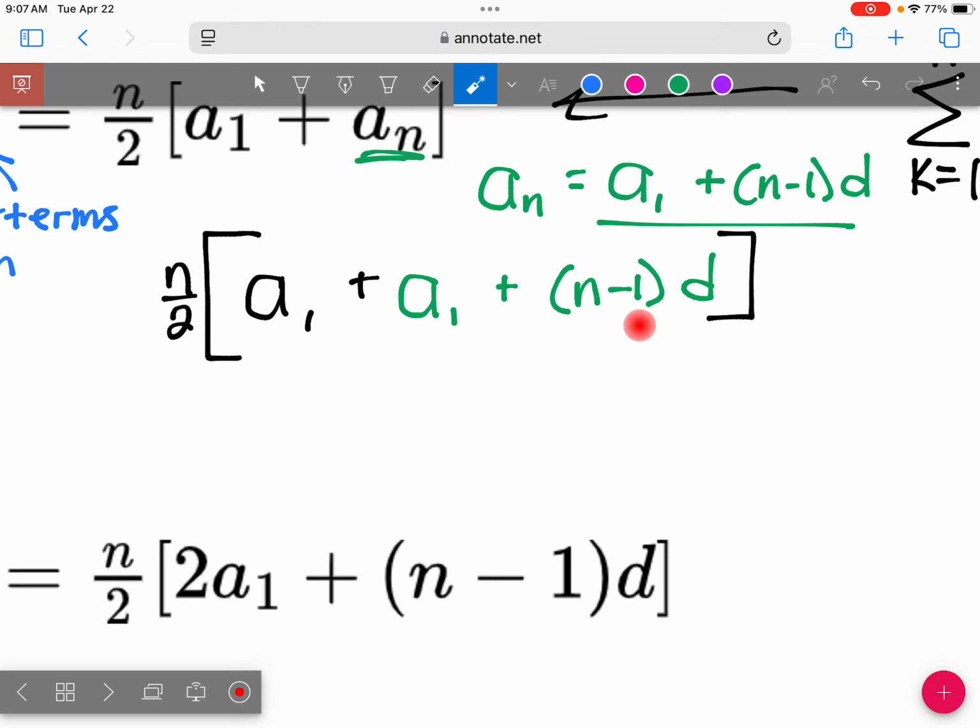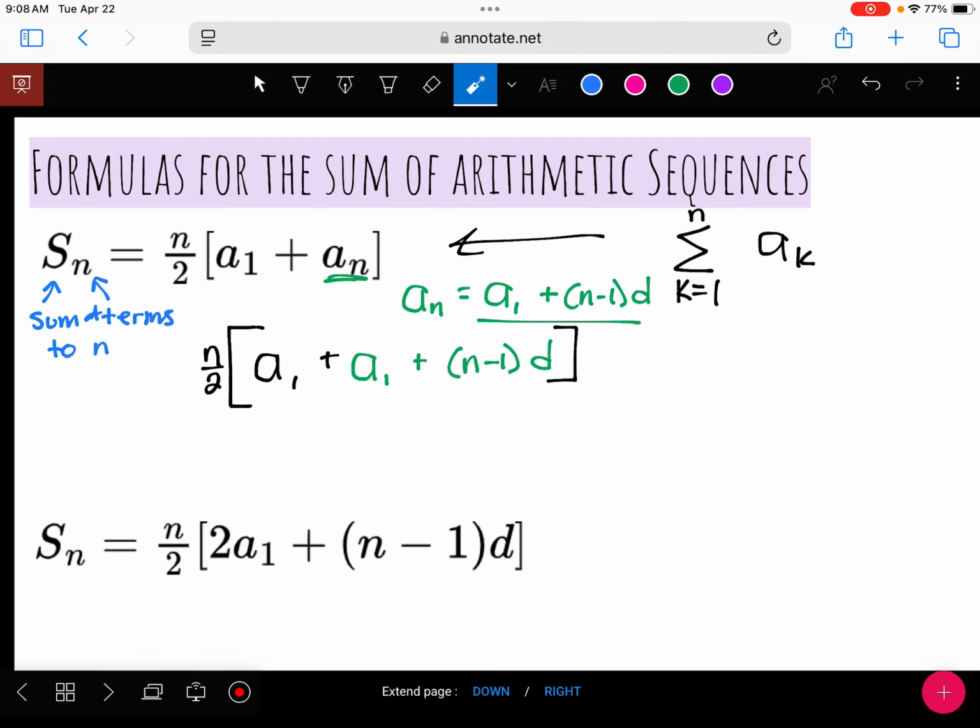So it is the exact same thing. These two pieces are the same, they just substituted this piece in. We'll use this one if we know our common difference, and we'll use this one if we know our values.